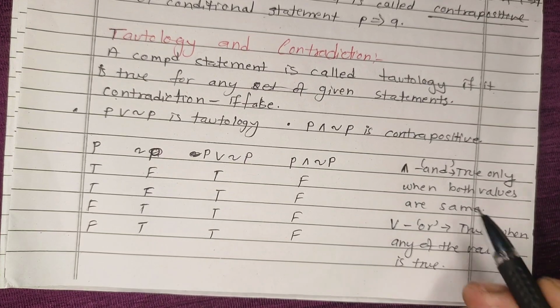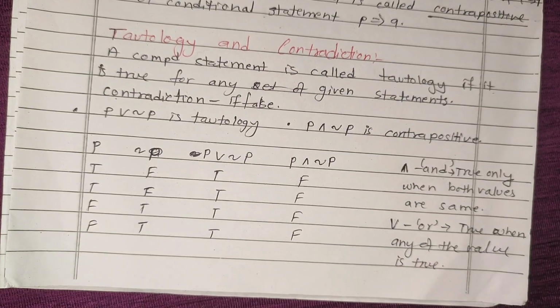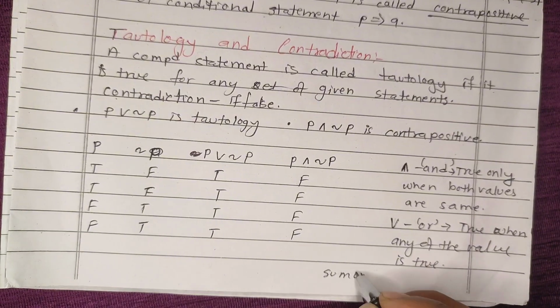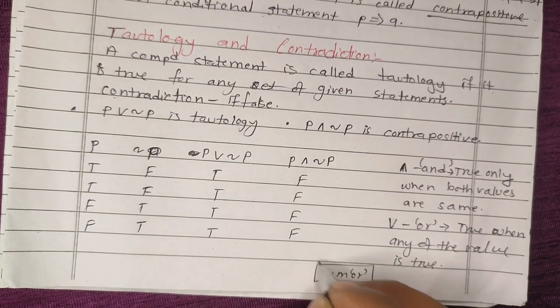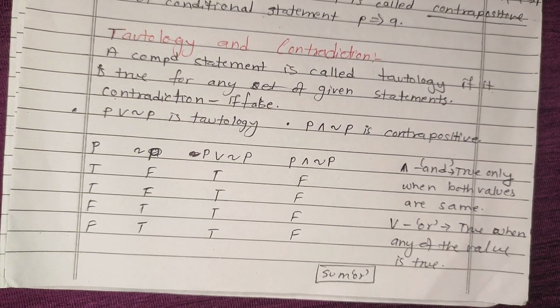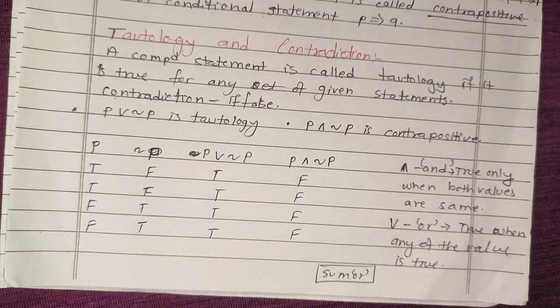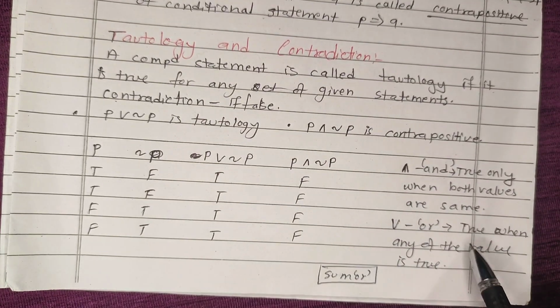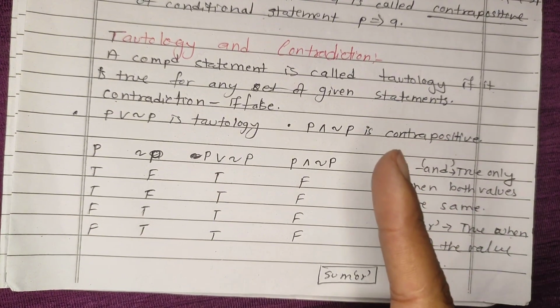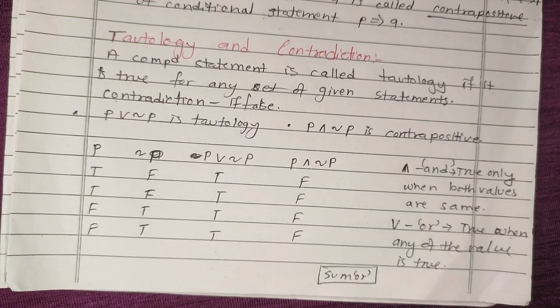And we know that this symbol means or. We can remember it as sum, as we do a sum when we do or. That is just for symbolization. It is true when any of the values is true. If only one is true, then it is true. If both are true, it is also true.